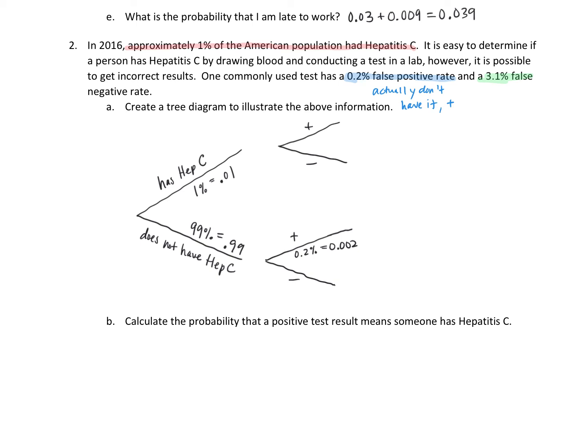False negative means it says you don't have it, but you actually do have it, but you got a negative. So that's going to be at the top on the bottom, right? So it has hep C, but a negative. So that's going to be 3.1%, or in decimal form, that'll be 0.031.